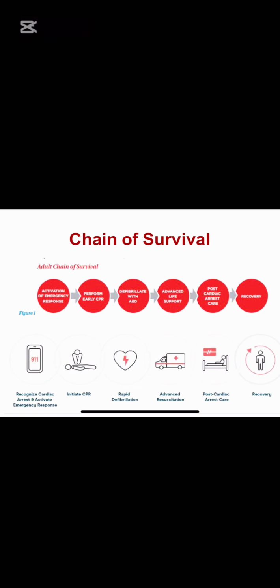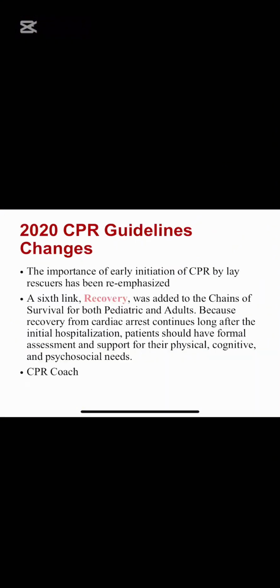So, the chain of survival. Please take note that the adult chain of survival now is 6, unlike the previous one. The 2020 AHA guideline shows that a sixth link has been added, which is recovery. So, after activation of emergency response, performing early CPR, defibrillating with AEDs, advanced life support, and post cardiac arrest care, there is recovery.